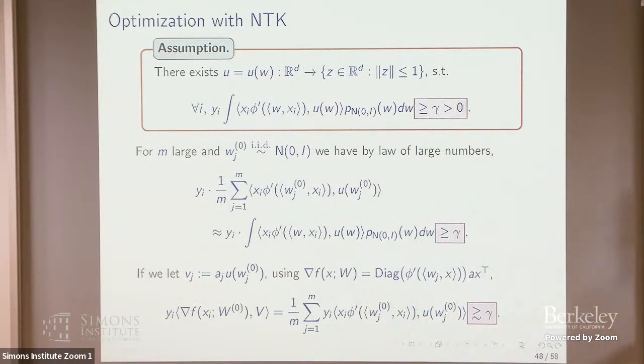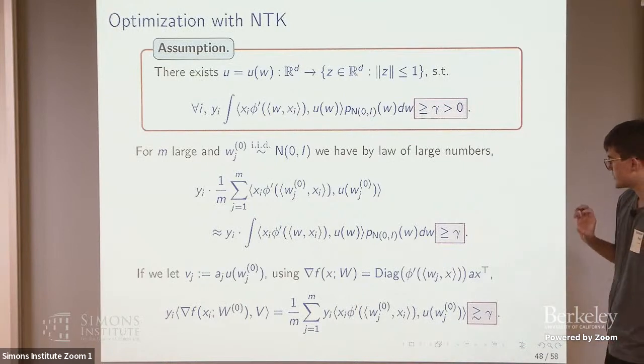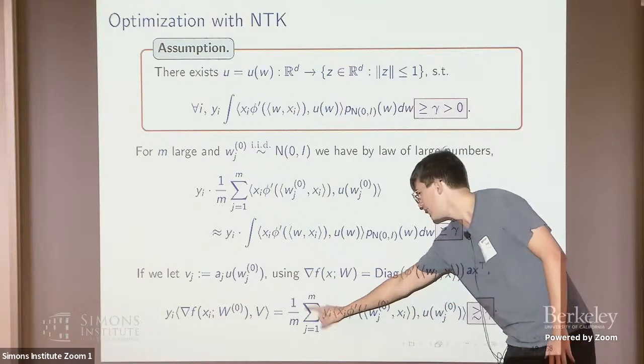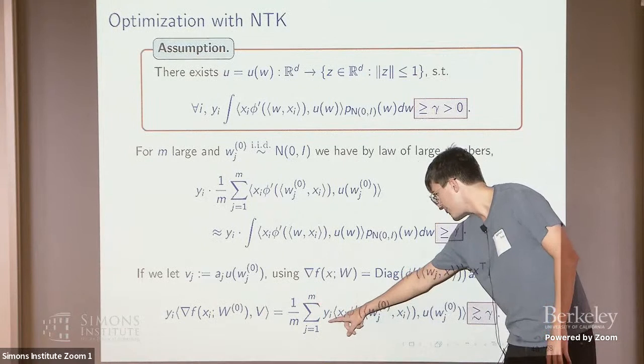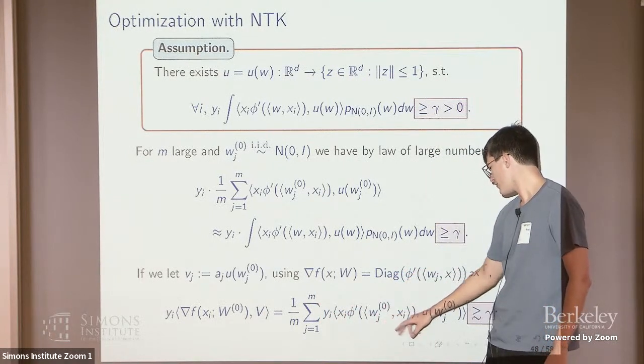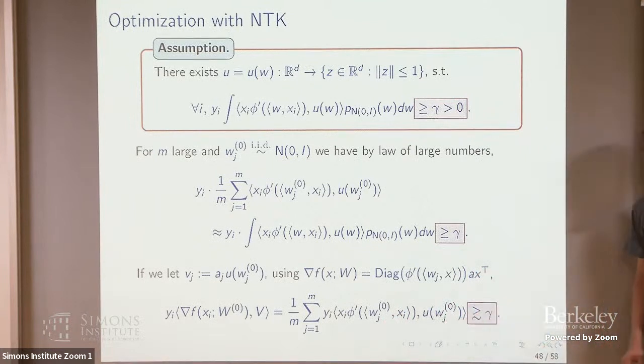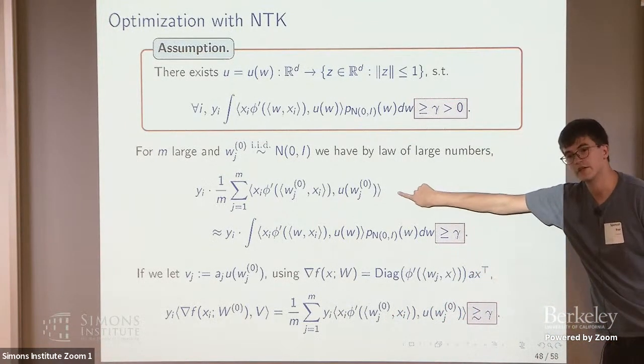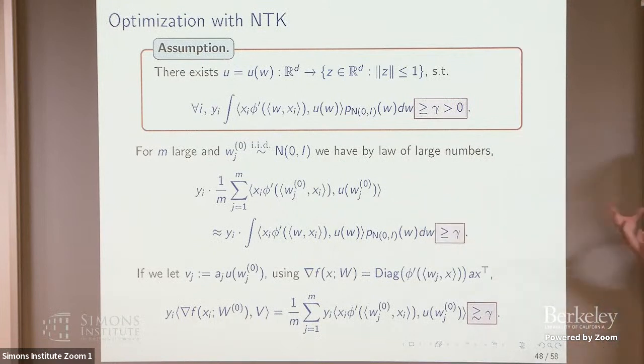And if you just substitute in that quantity, what you see is that we have this average over j from 1 to M of the yi's times the gradient of the jth neuron times these U of wj0. And this is precisely what this quantity is here. So when M is large, we can expect that this thing is going to be at least order of gamma. So what is this saying?